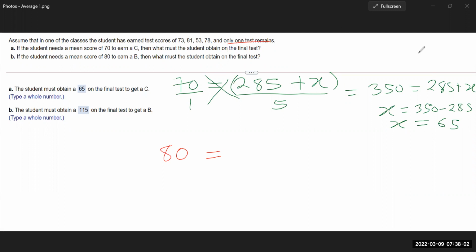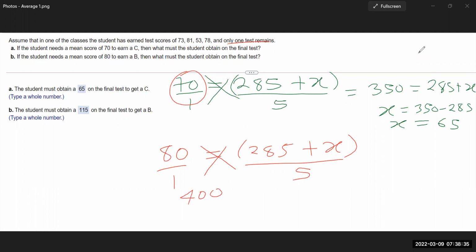So we still need to sum up the data points, which gave us 285, and the value that we do not know is the X, and still we are dividing by 5. We are just replacing this with an 80, because you go through the same process as we did for A. Now treat this as a proportion. So you're going to do 80 times 5, and 80 times 5 will give you 400.